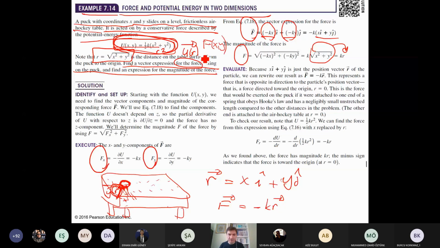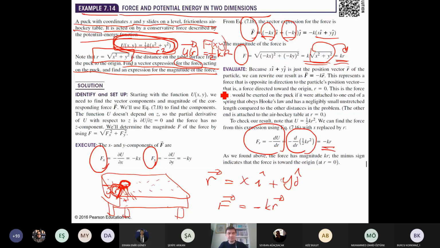So in this equation, just put this one, take the derivative of this with respect to R, then you can calculate this: F is equal to minus kR, and you will get the same result. Okay, you can use both methods to calculate the force by using the potential energy given in the question.